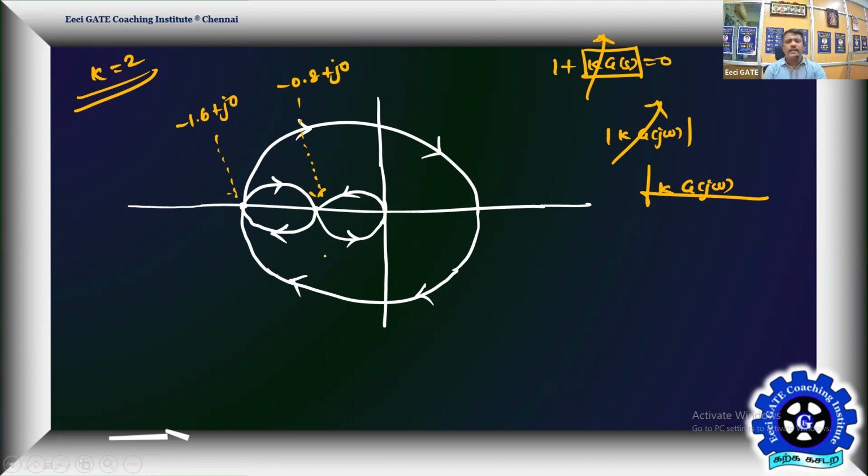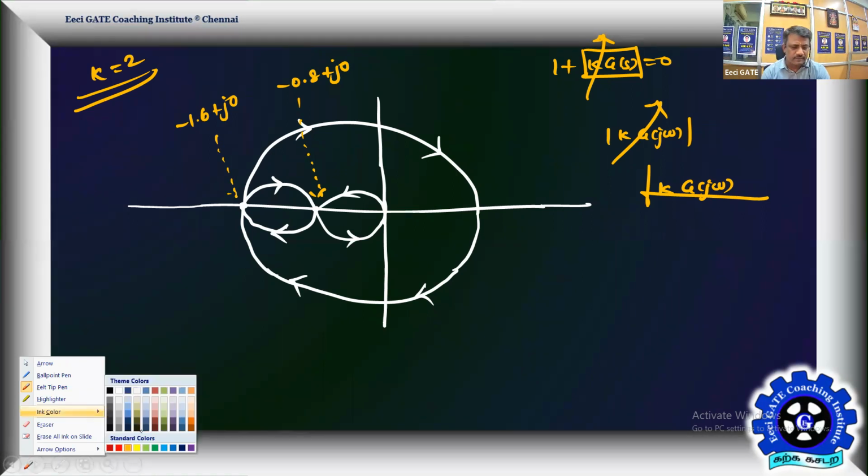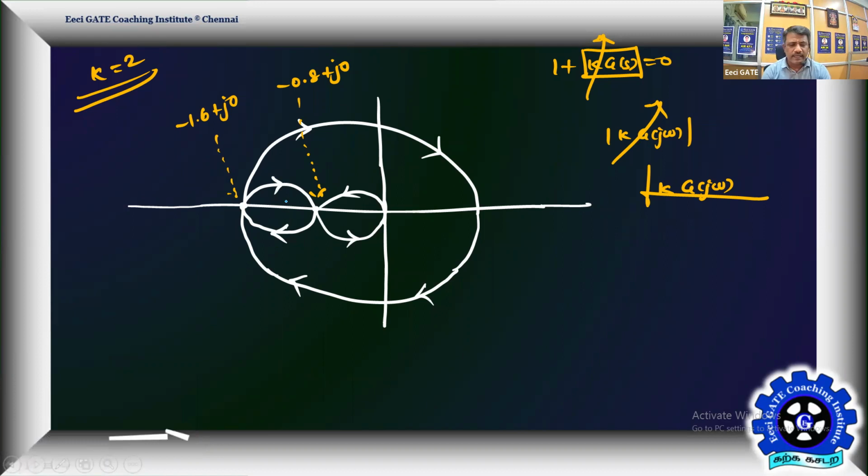Then where is your critical point? The critical point is going to fall within this clockwise encirclement. This is -0.8, this is -1.6 somewhere. Anyway, it is getting encircled.